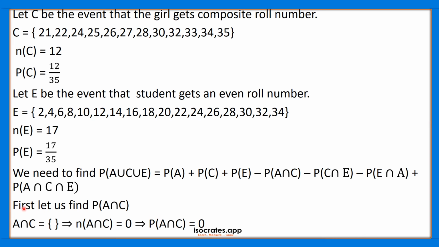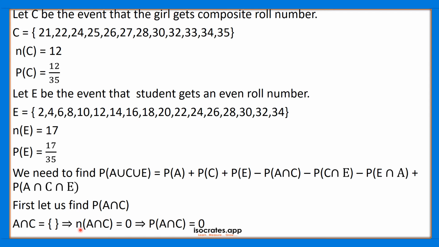First, let us find the value of P of A intersection C. A is nothing but the event that a boy gets selected with a prime number, and C is the event that the girl gets a composite roll number. These two events are independent, and hence we have A intersection C to be empty, that is equal to 0.